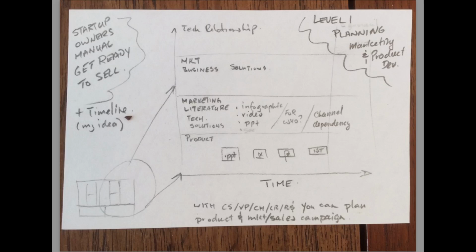Because your marketing literature is trying to do that day in the life of the customer. It's trying to reach out to someone who's got a gain or pain, a job they're doing, and you're trying to solve that. So the marketing literature is very much taking your product and putting it out in the world to show how it's used. Then you can have a higher level of that where you talk about business level solutions, where you position what you're doing amidst other things, right?